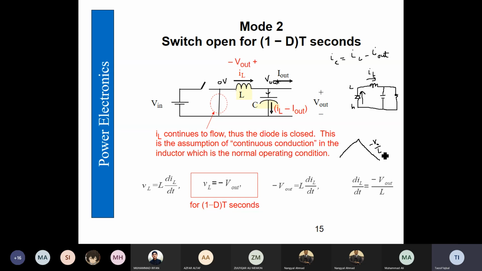V out over L, and on the rising side it was V in minus V out divided by inductance value.